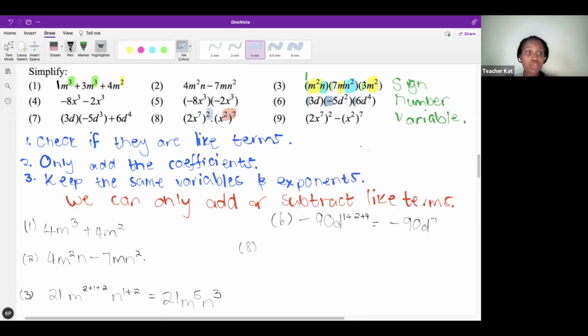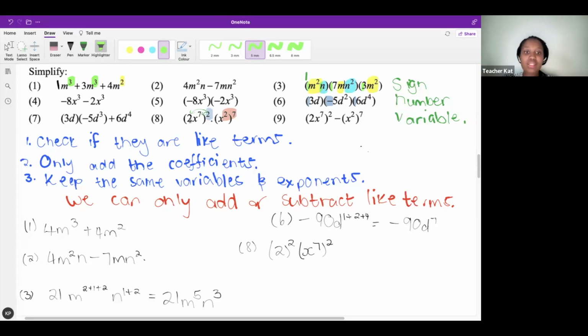But what happens with this 2 first? Distribution. So I'm going to first have to say 2 squared times x to the power of 7 squared. Now, if you weren't here for those lessons, distribute means you give everybody that exponent.